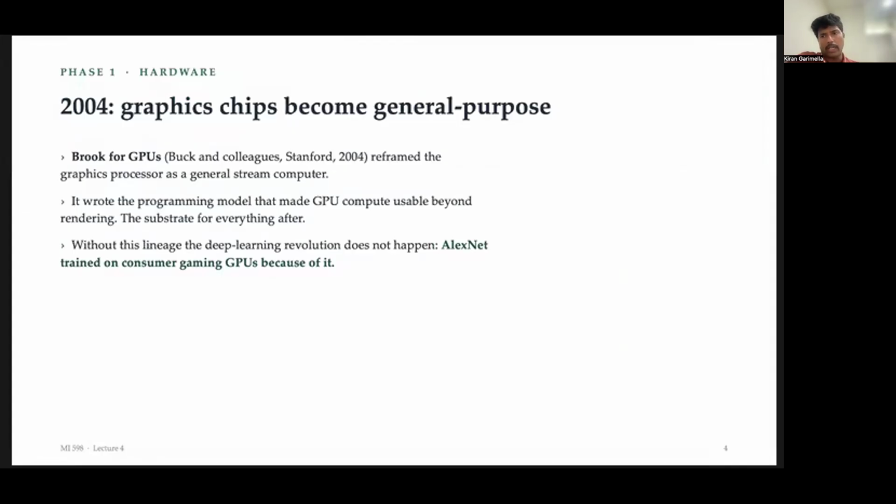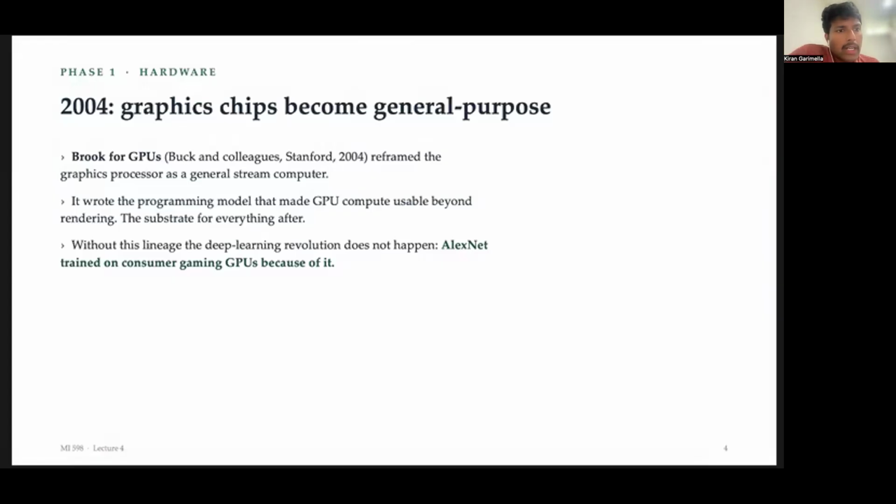So the idea here is they realized that these graphics processing units can be general purpose stream compute devices, meaning you send in some raw bits of data in a stream, and then you can process them and produce an output that is interesting. So it wrote this programming model that made GPU compute usable beyond just rendering of frames and scenes.